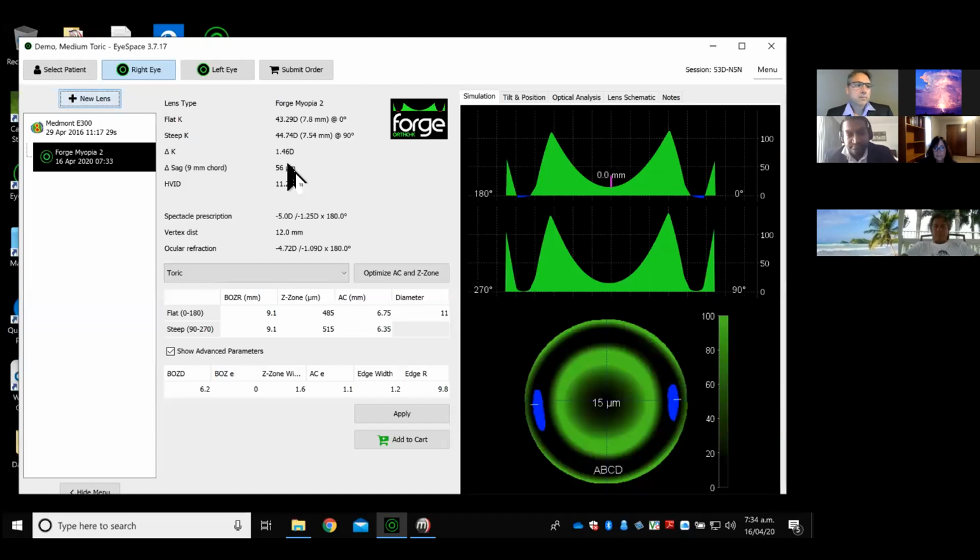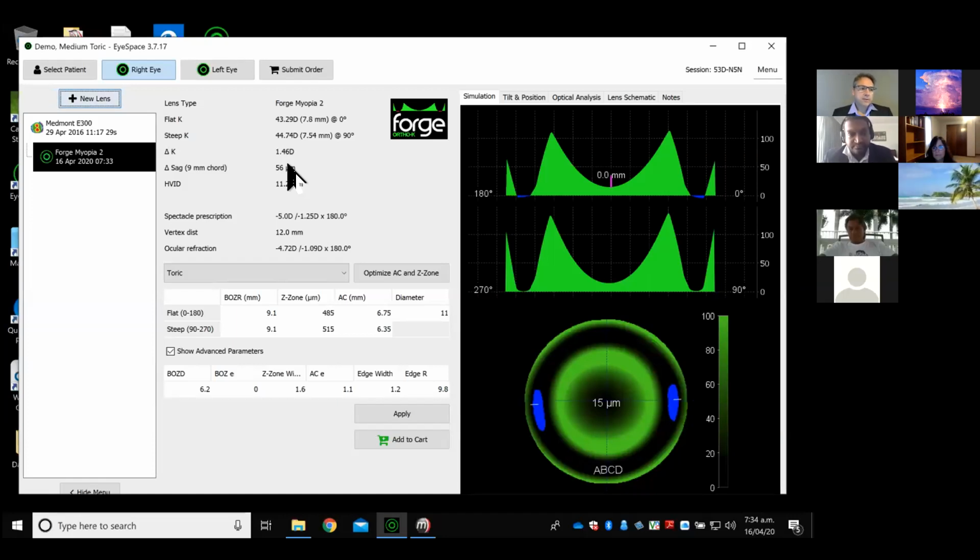All right, so what we've done here is just a basic ortho-K design. Jagger put in there -5, -1.25 diopters of astigmatism. And off the bat, the first thing we want to do is look at the bottom right section of the display page. What we're looking for is the balance of the bearing zones.